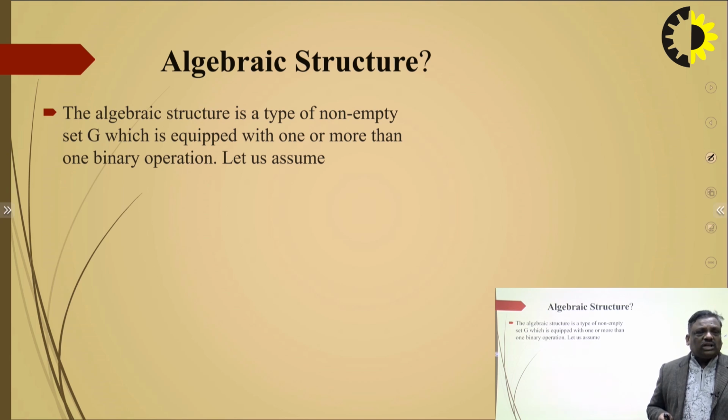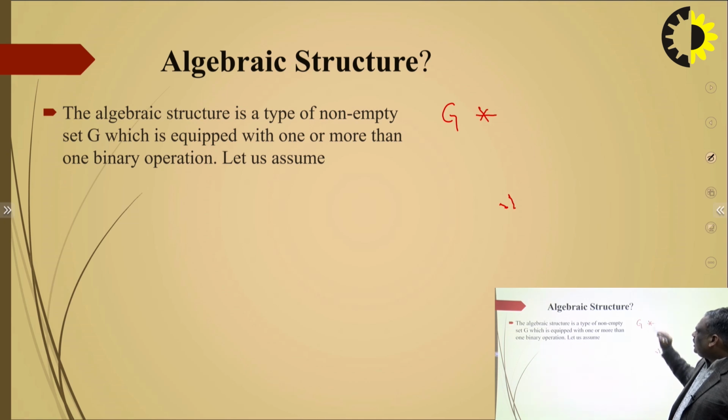Suppose G is any set, and this one is the multiplication operation. This one here is known as a binary operation. So, this is covered as an algebraic structure.